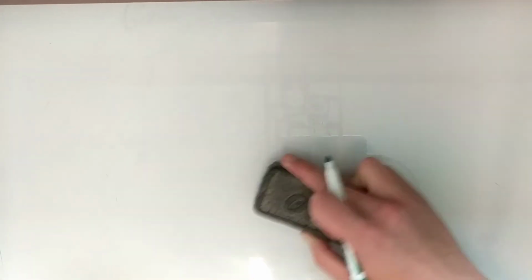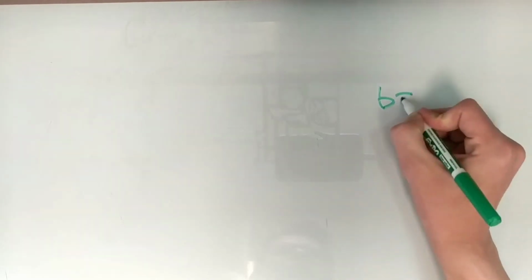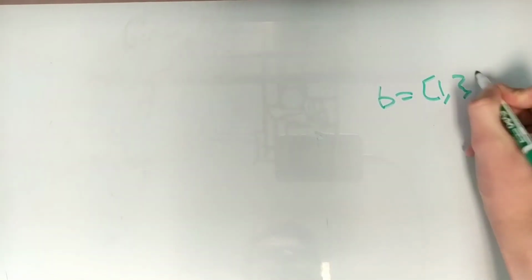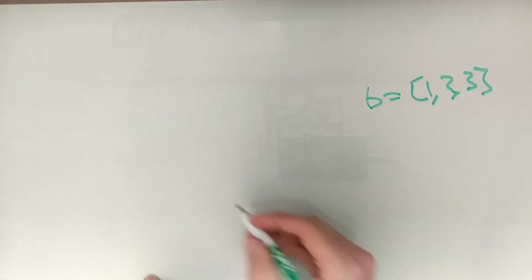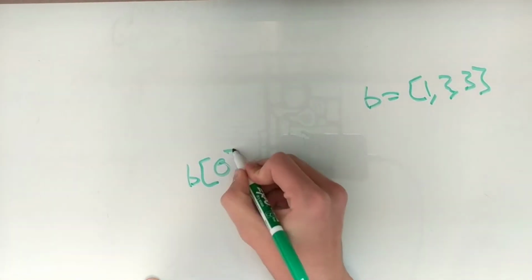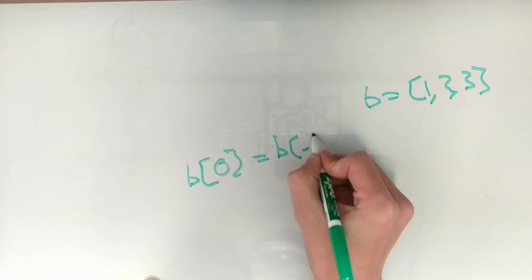Now problem 5, maybe the hardest one. Remember that dot copy? I would read in the PDF more about that because I think that explains it best. Now to swap, say we have a list B, 1 2 3, and you want to switch it to 3 2 1. The first inclination would just be do this.